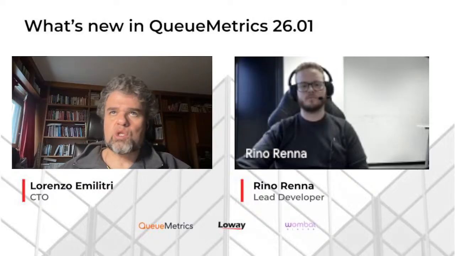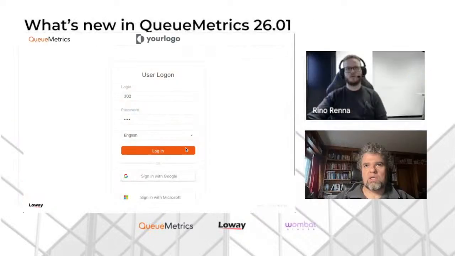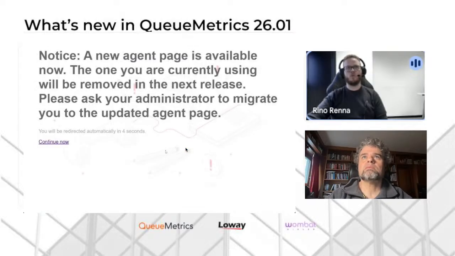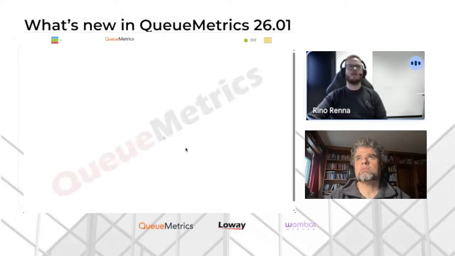So, Rino, can you show us how that would work? Yes. Now, if I log in with an agent which has the old agent page, a warning will pop up, and it will automatically then redirect to the icon agent page.